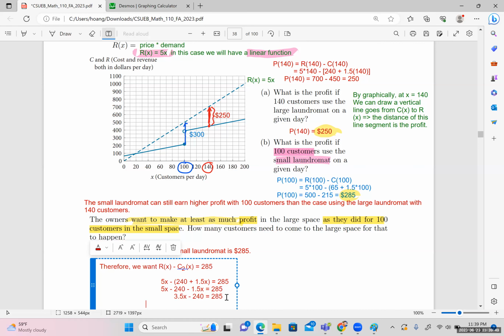Now I add 240 to both sides. I get 3.5x equal to 525.